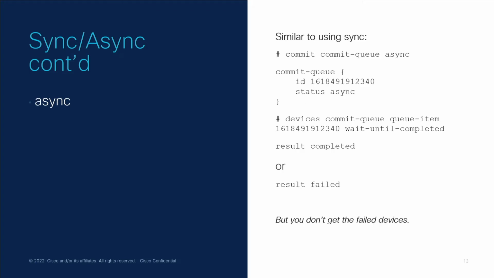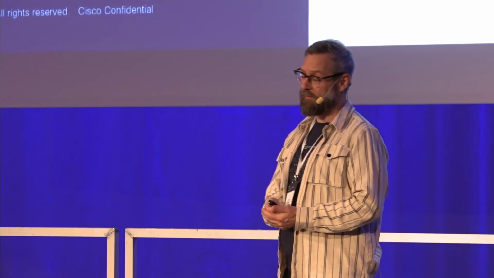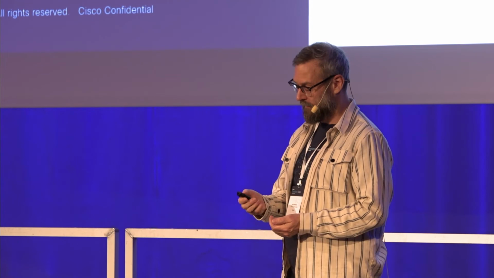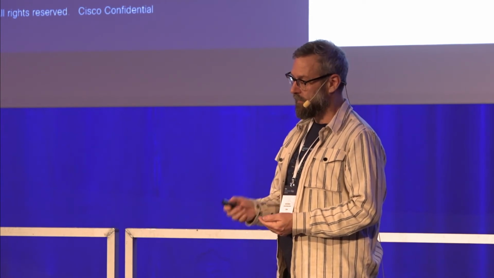So I would recommend doing that, and I would say the normal way for users of commit queues is to actually use the async and then use trace ID and or the commit queue ID to actually monitor further transaction. And I say that is important when you use reactive fastmap and nano services. And that's what I would say is the main topic that I will get back later on.